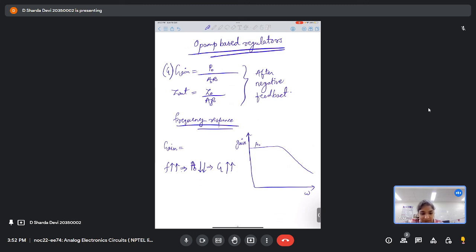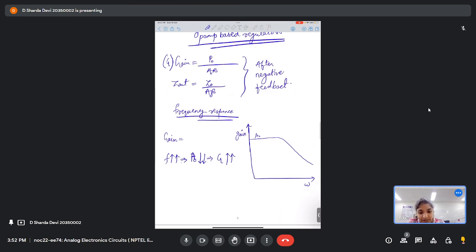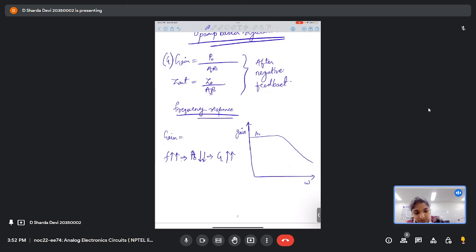I hope this makes sense, right? And instead of P naught, we can say G naught also, or whatever we want, or let's say we are talking about Z naught.